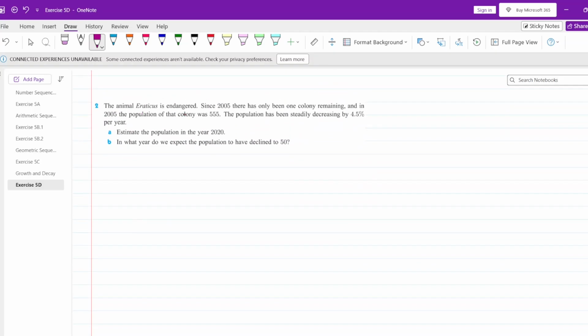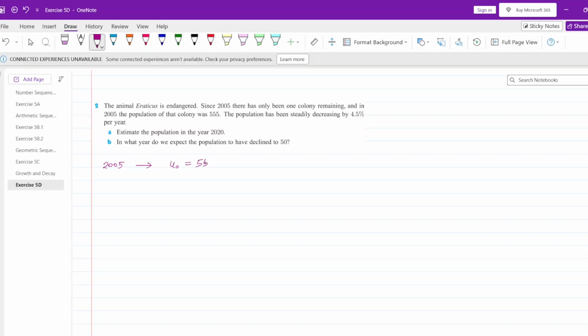The animal Erraticus is endangered. Since 2005, there has only been one colony remaining, and in 2005, the population of that colony was 555. So let's take 2005.